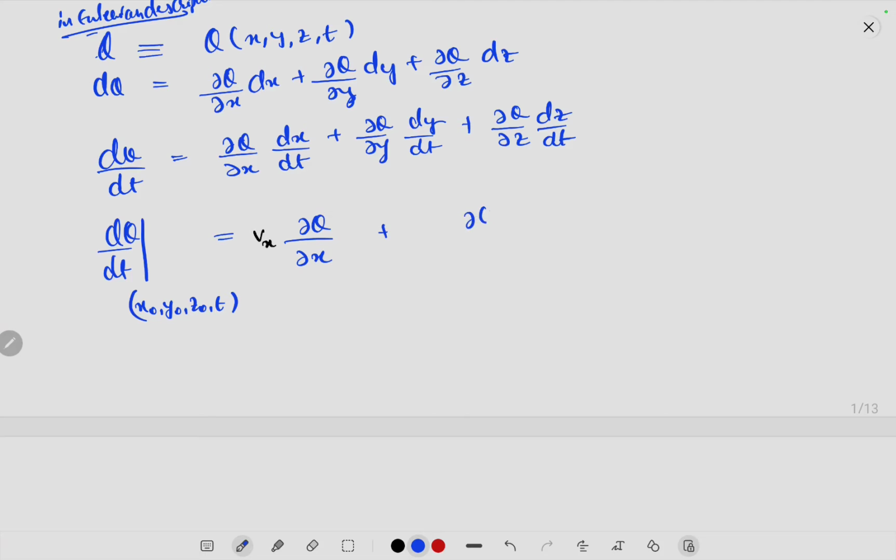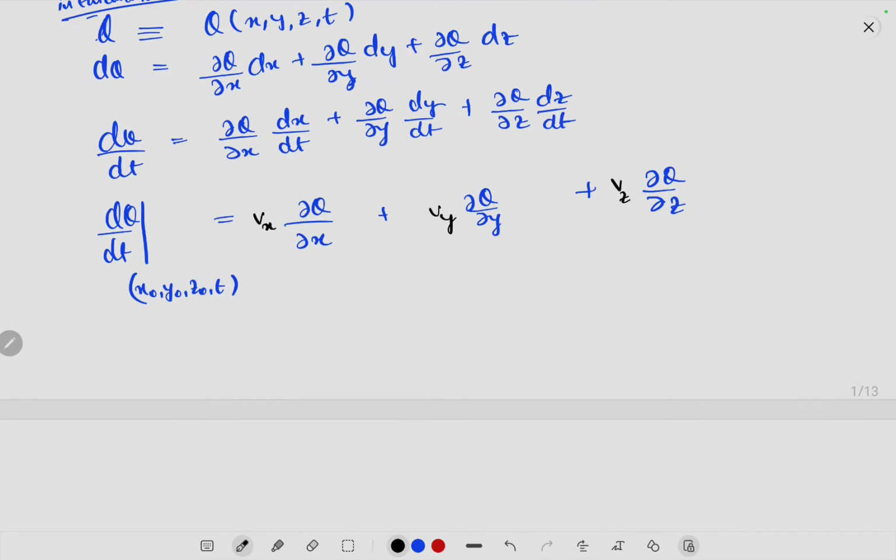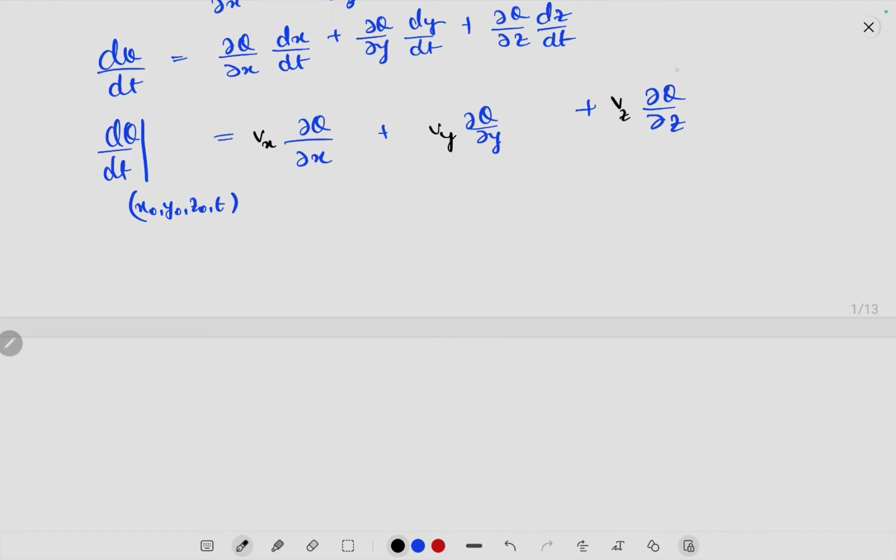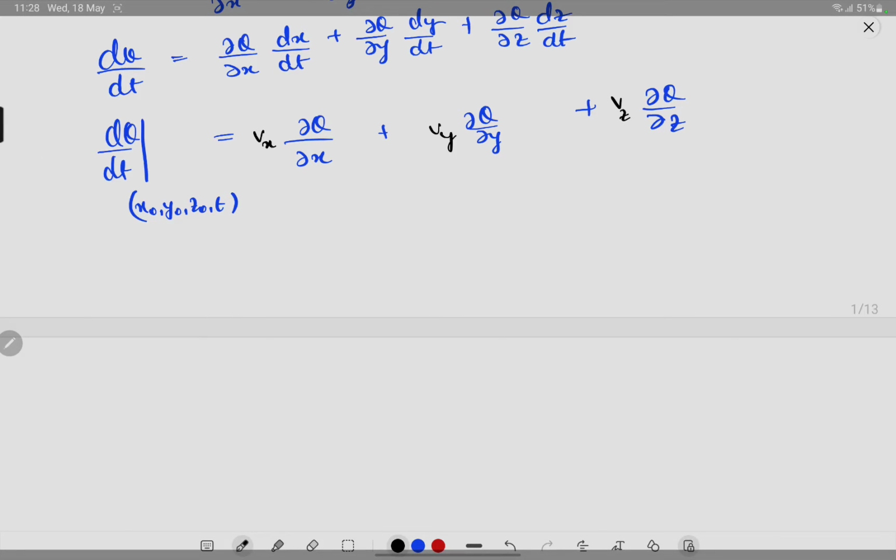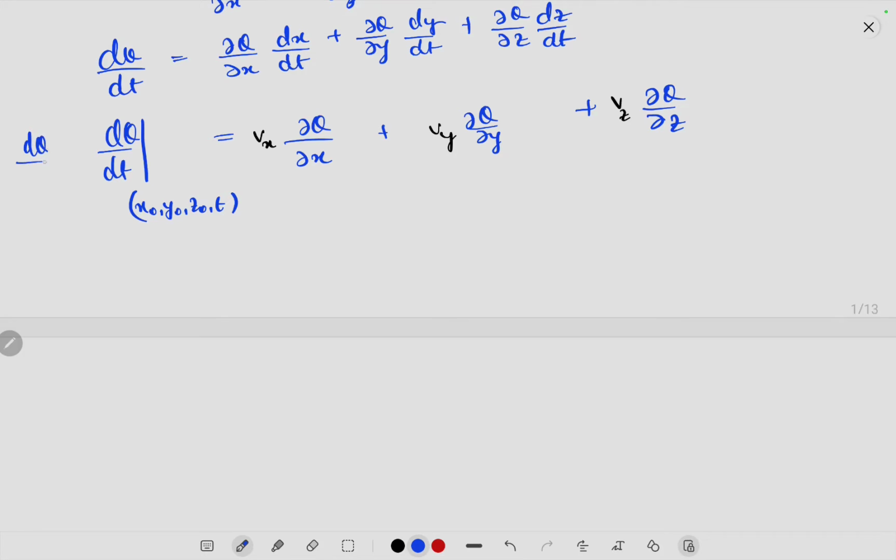Similarly, we had del q by del y here and del q by del z here, and these become Vy and Vz. Now we can further simplify this expression for dq by dt. So we started by writing dq by dt in the Lagrangian description.